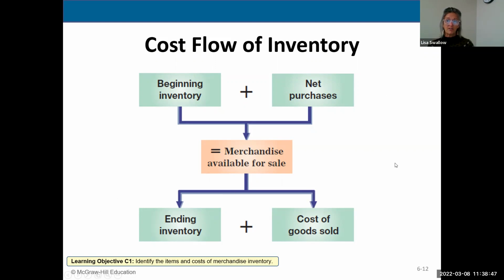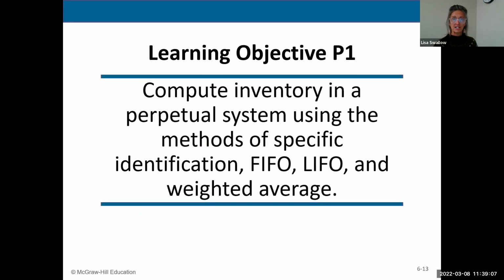So this cost flow is super critical because every transaction impacts your profit and loss statement, your P&L, as COGS. It also impacts your balance sheet because of inventory. So choosing a cost flow method that makes sense for your company and applying it correctly is super important for your financial statements.